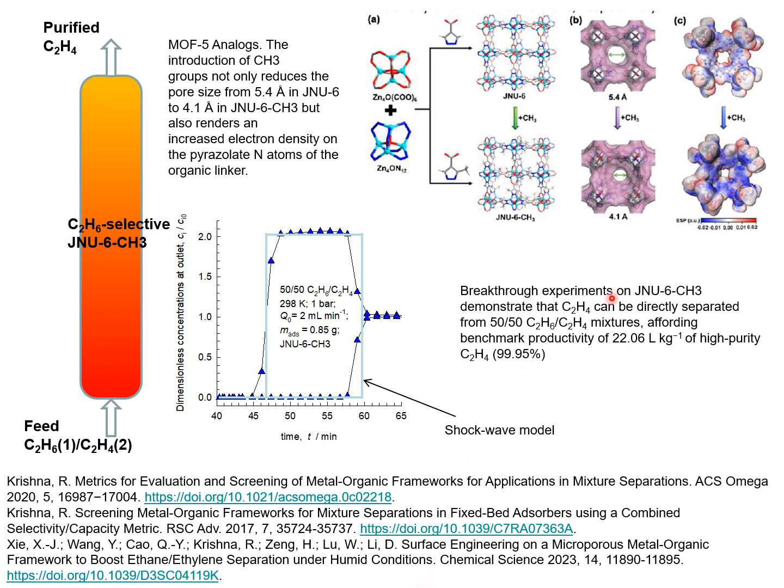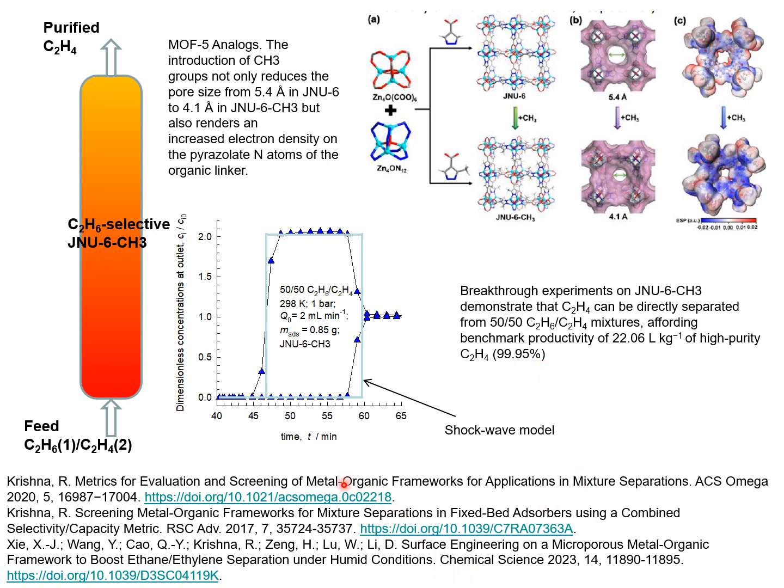The breakthrough experiments demonstrate that C2H4 with a productivity of 22.06 liters per kilogram of high purity C2H4, meeting the polymer grade specification of 99.95%, can be achieved.